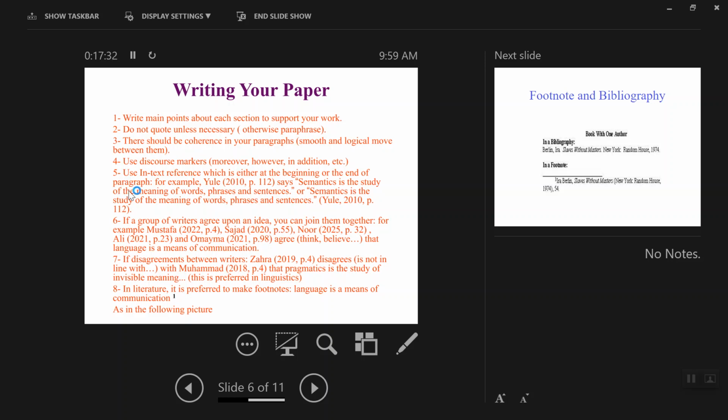Number 5, when you start writing and take something, for example, from this book: what roles are native English speakers expected to play? I want to take this. Here we have language authority, cultural informant, model English speaker. When I want to take this from this book, whether it is printed or PDF, I can go to page 69.